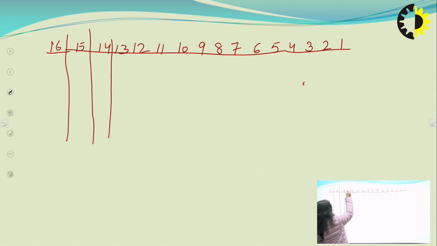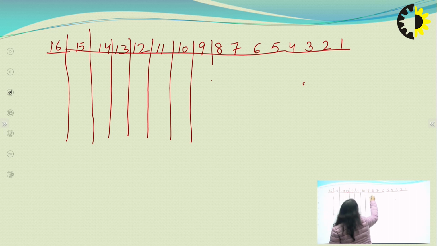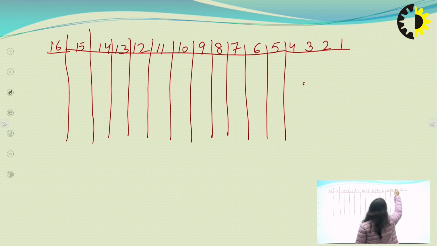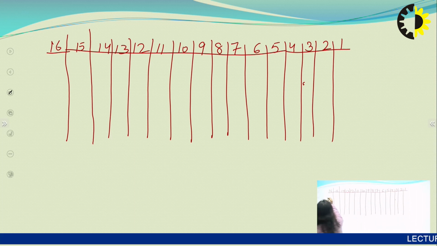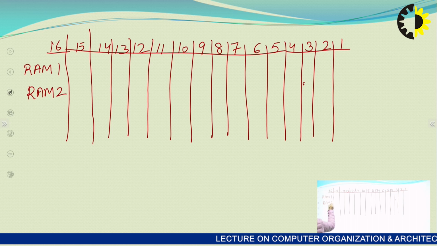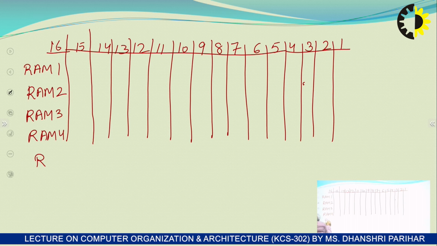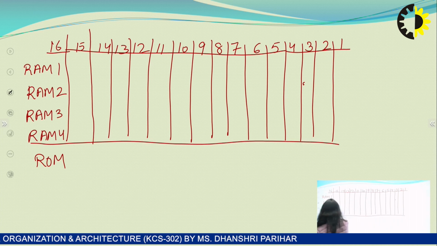Let us put it like this. We can make a table. And here we are having the RAM chips. How many RAM chips are we having? 4. RAM 1, RAM 2, RAM 3, RAM 4, and then 1 ROM chip. Okay, like this.